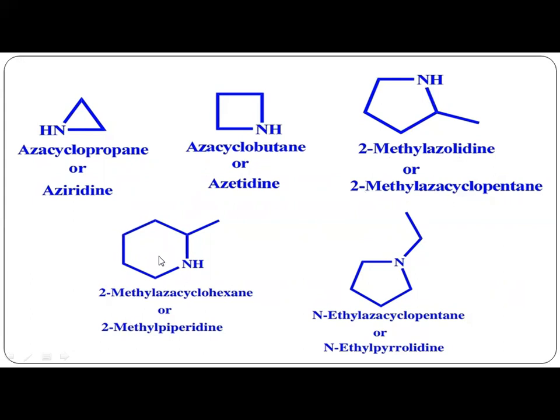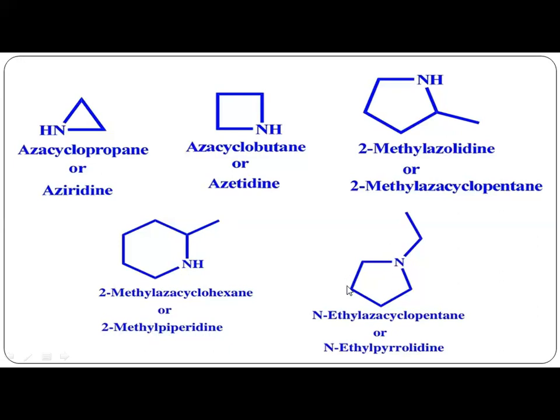Next one is a 6-membered ring, called cyclohexane, containing one nitrogen atom and one substituent, a CH3. Starting the numbering from nitrogen, nitrogen has the first number and this carbon has the second number. So its name will be 2-methylazacyclohexane or 2-methylpiperidine.